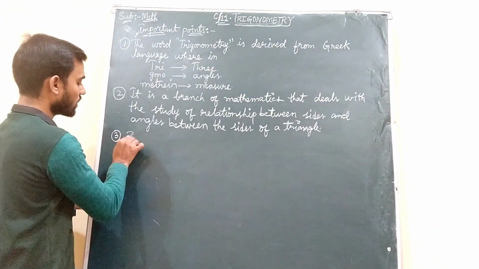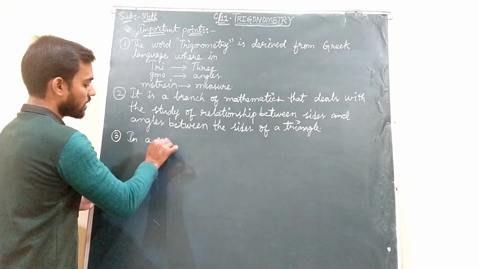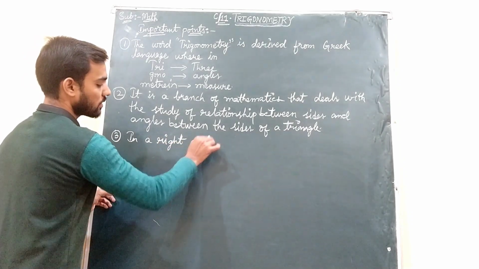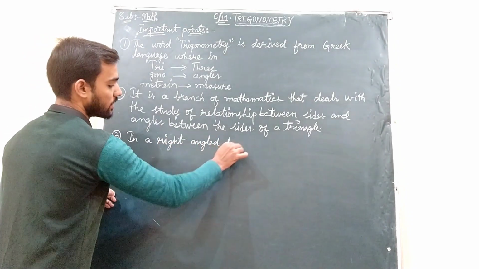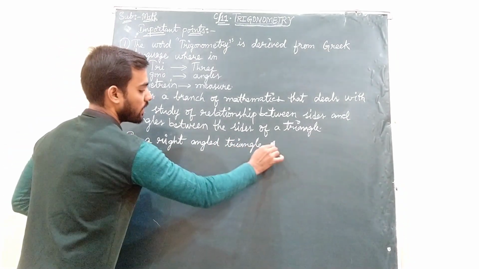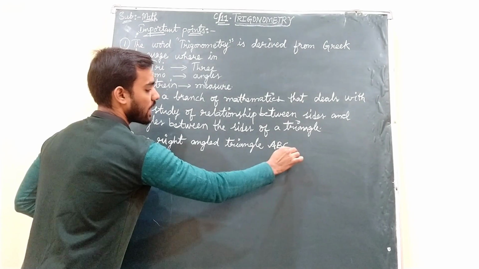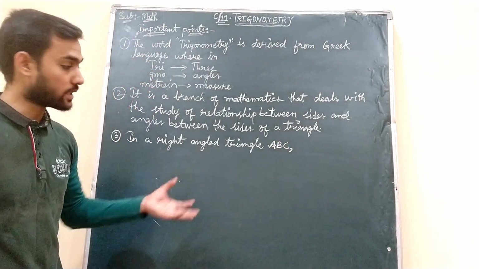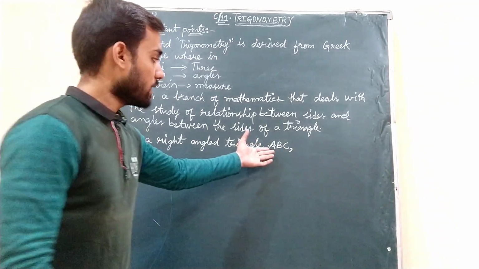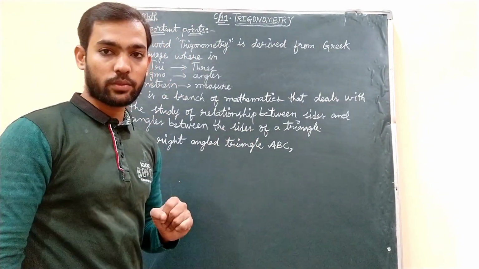Third, in a right angled triangle ABC. I am taking one triangle which is a right angle triangle, and I am naming it as triangle ABC. Right angle triangle means one angle should be of 90 degrees.